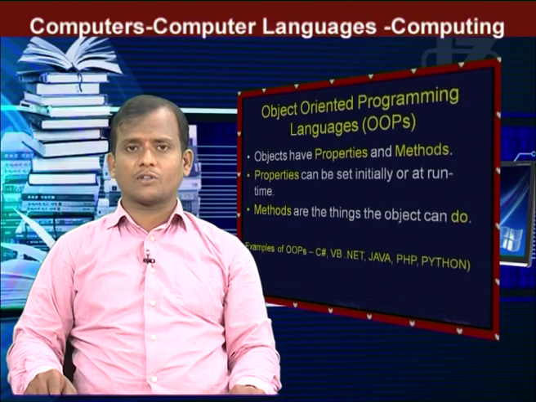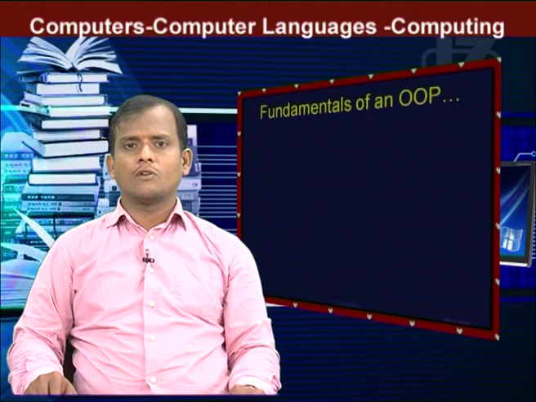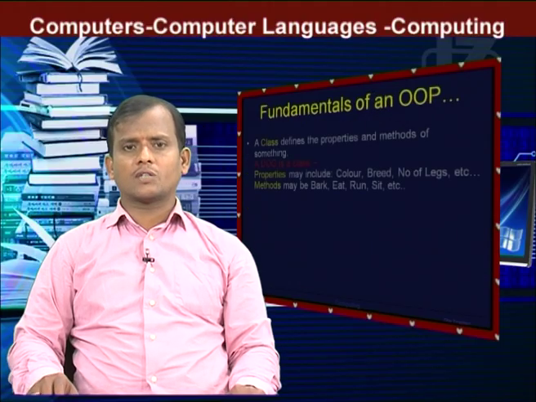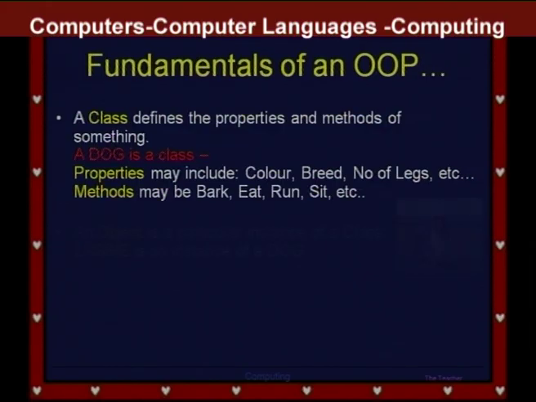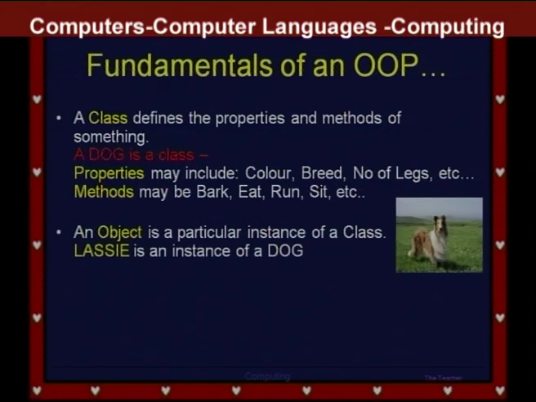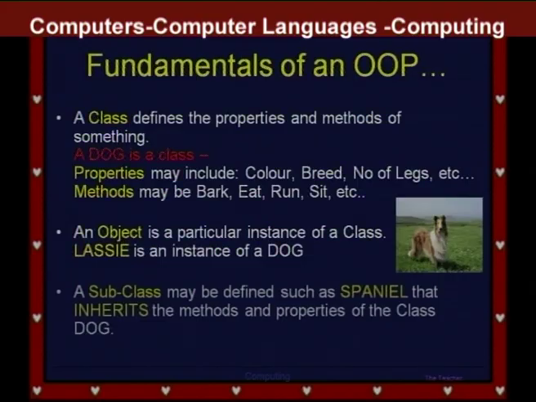The fundamental of object oriented programming language is the class. Object oriented programming language is a collection of terminologies called properties, methods, and so on. Similarly we have the class. A class is a collection of properties and methods.